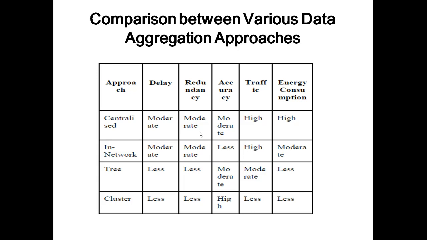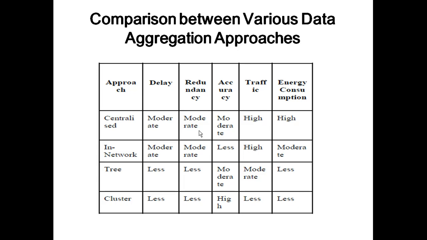Following this multi-hop architecture, the data is transferred from one node to the sink node, in which a number of intermediary nodes are there, so the redundancy may be high in this. The accuracy again is moderate. Because there are a number of source nodes and intermediate nodes, the data takes a longer period of time to reach the sink node, and involves multiple redundancy factors, and again the accuracy is not as high as it needs to be.